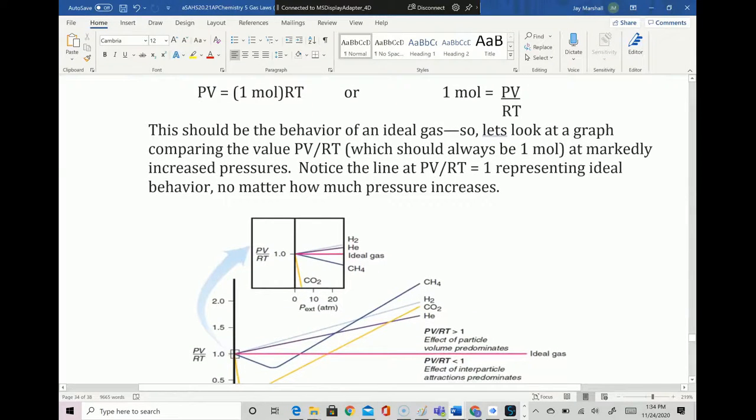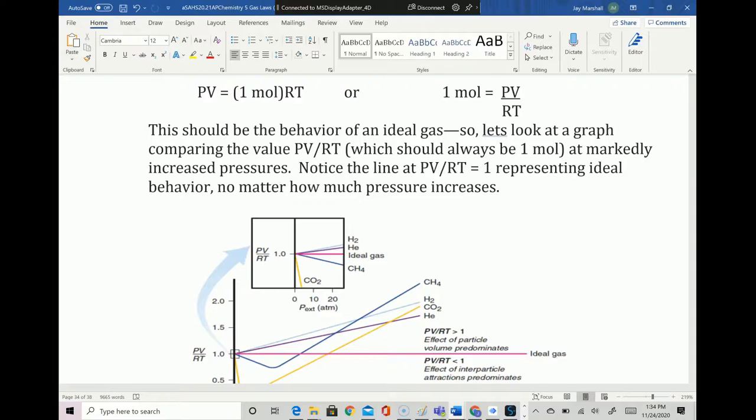So let's look at a graph comparing the value of PV over RT, which should always be 1, at markedly increased pressures. Okay, so this value should always be 1, right, for an ideal gas.